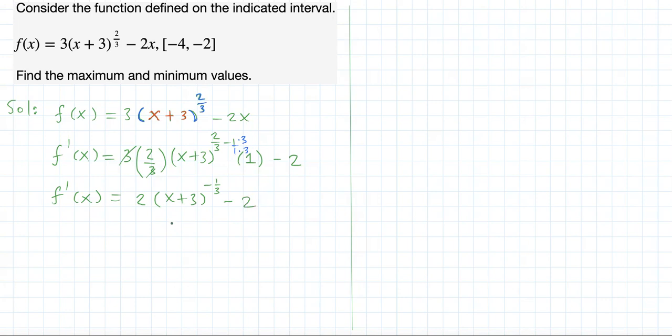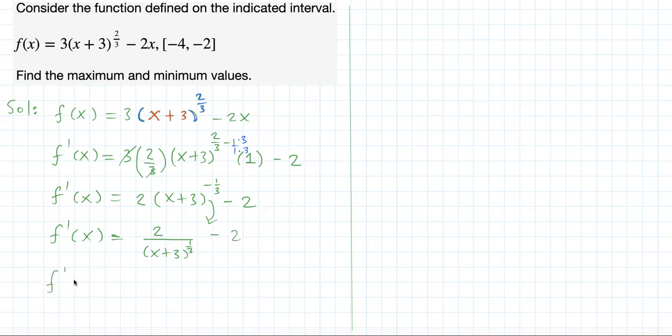So my derivative can be written this way then: 2 over (x plus 3) raised to 1/3. Notice the sign of the exponent changes. Minus here, be careful there, minus 2.